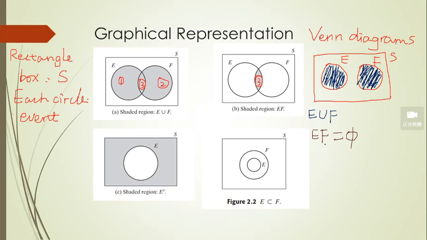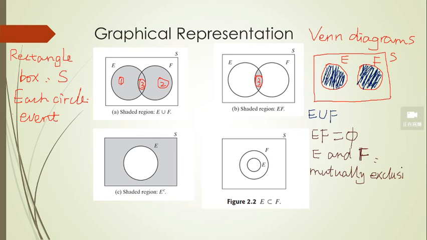What is the terminology to describe the events E and F if E and F is the null event? Null event alone is not enough to answer this question. We should know more about the relation in this kind of case. E and F are called mutually exclusive.